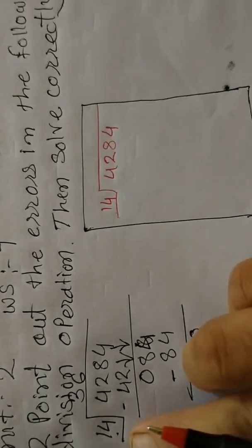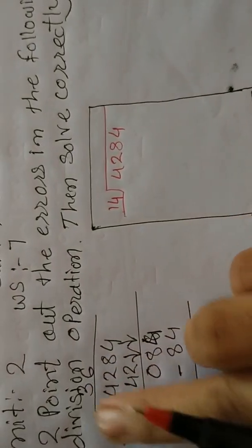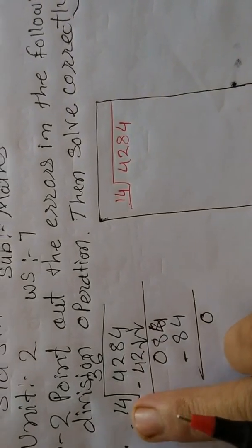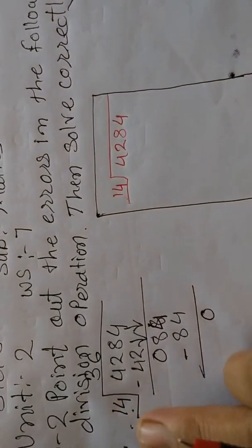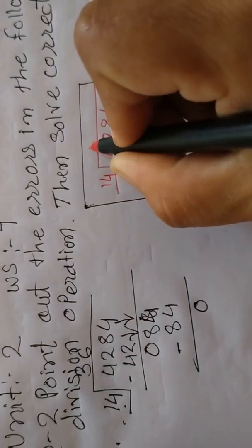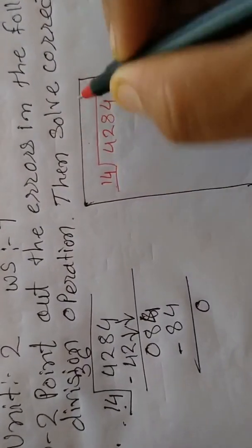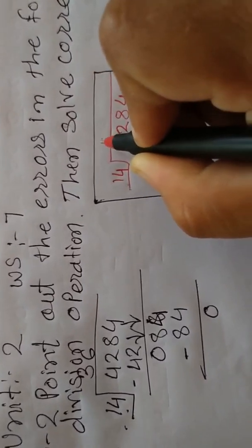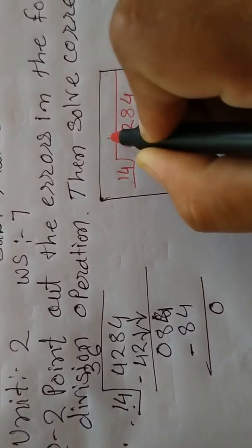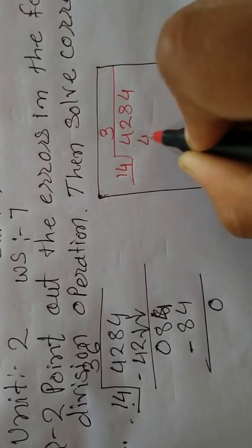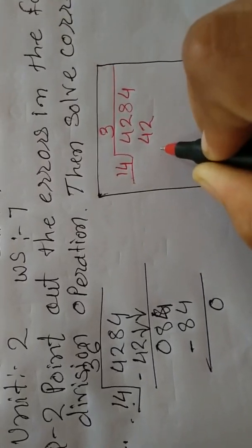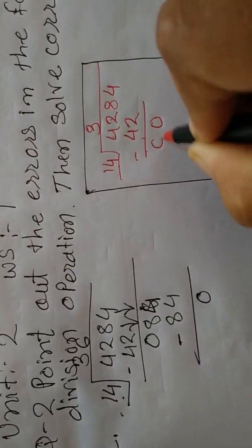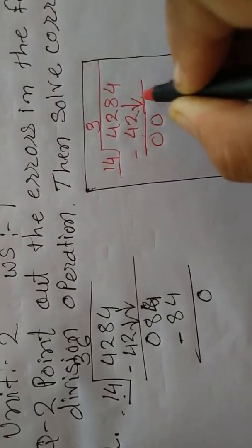So 14 twos are 28, 14 threes are 42, 2 minus 2, 0, 4 minus 4, 0. Now we're bringing down here 8.